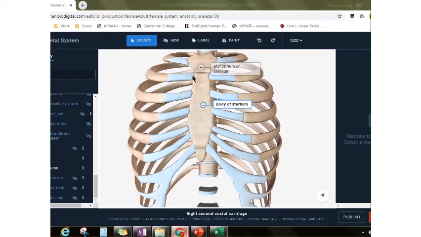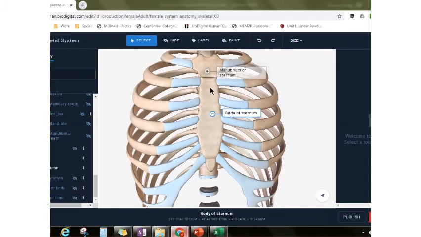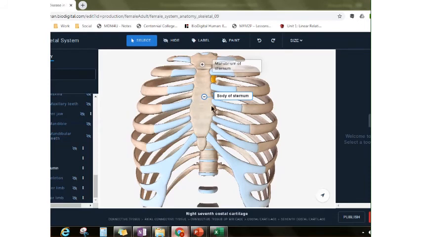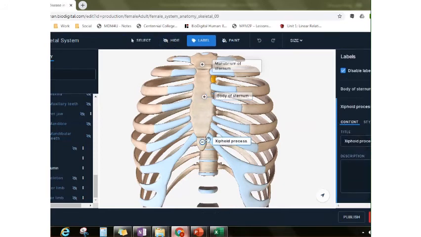Okay, so the second rib kind of connects at the boundary of the manubrium and the body, right? At the interface right here, and then 3, 4, 5, 6, 7 connect to the body. And finally, we have a notch here. This is called the xiphoid process, right? No ribs connect to the xiphoid process, but this is a connecting point for your diaphragm.